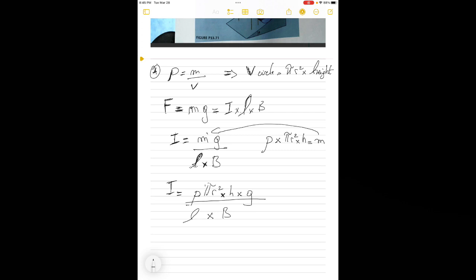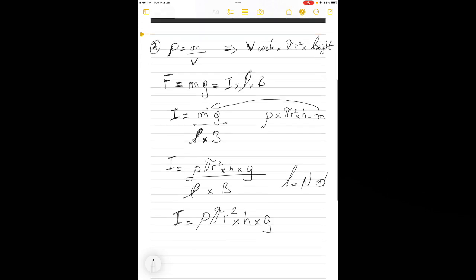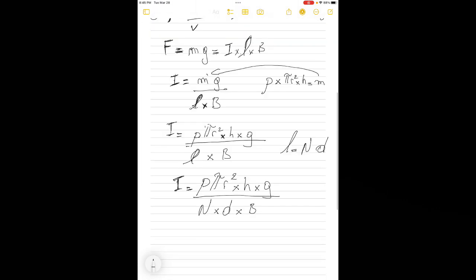We know the length is equal to the number of turns multiplied by the diameter. Here we're going to replace the length by the number of turns multiplied by the diameter. So it's going to equal density multiplied by pi r squared multiplied by the height multiplied by gravity, divided by the number of turns multiplied by the diameter multiplied by the field strength.